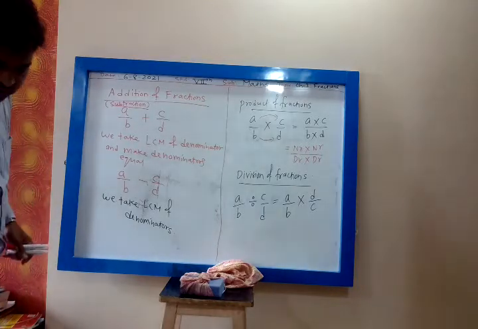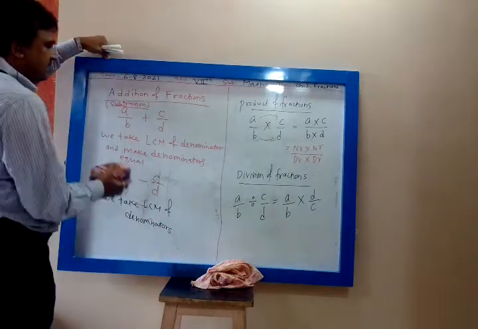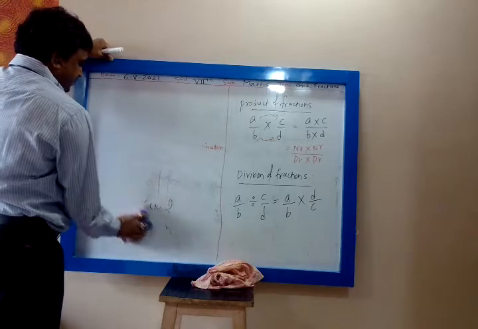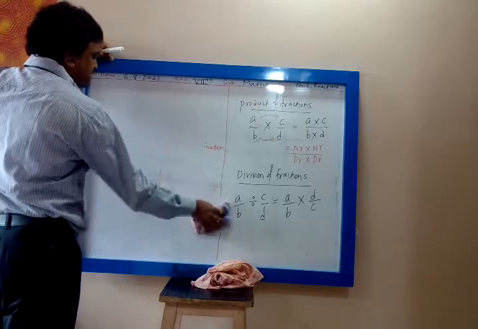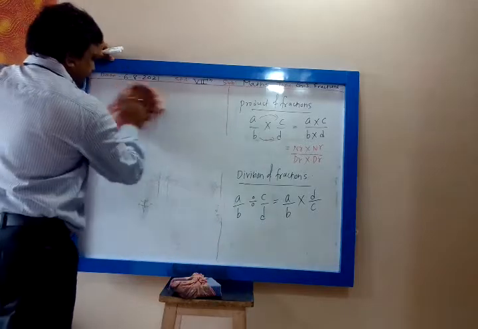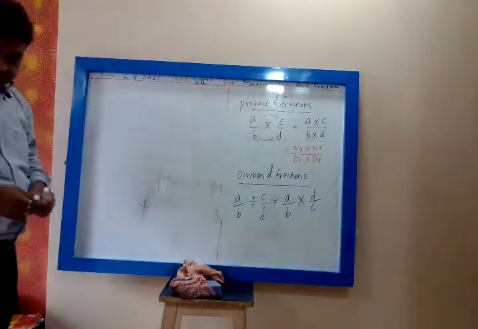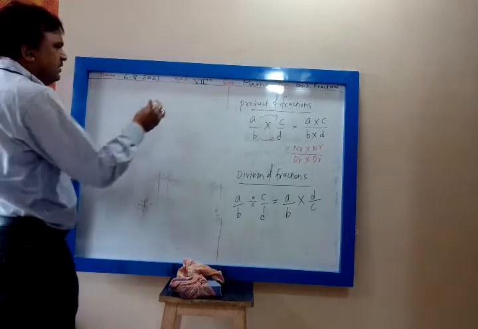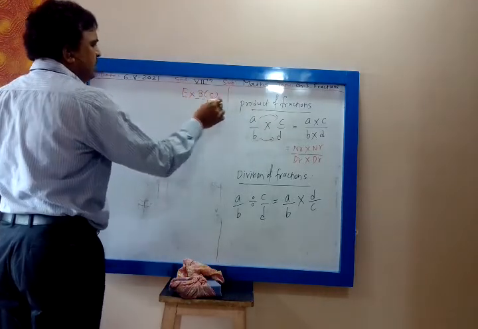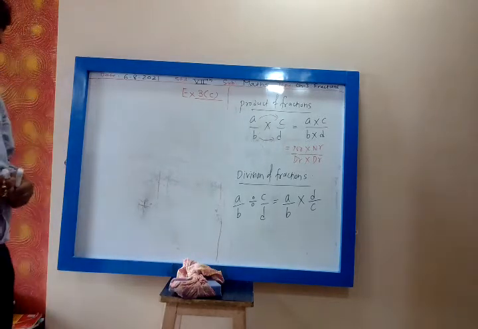So based on this, we are going to solve exercise 3C, based on addition, subtraction, multiplication, division. 3C, one more problem I will do, because the same problem you have done in the rational number.